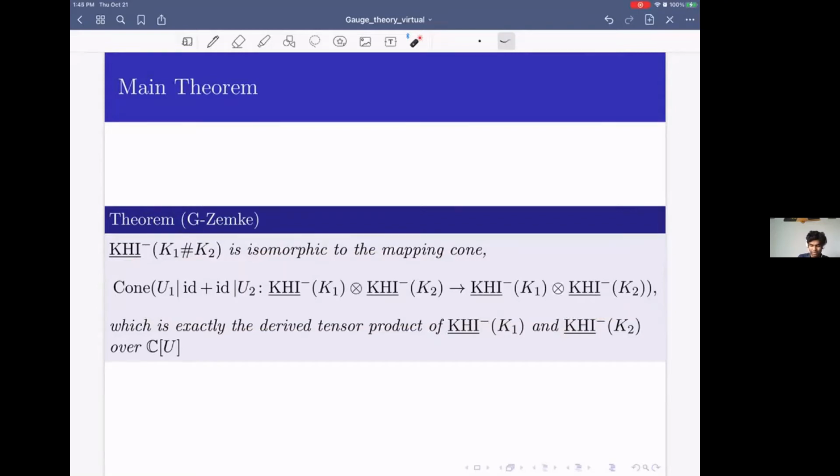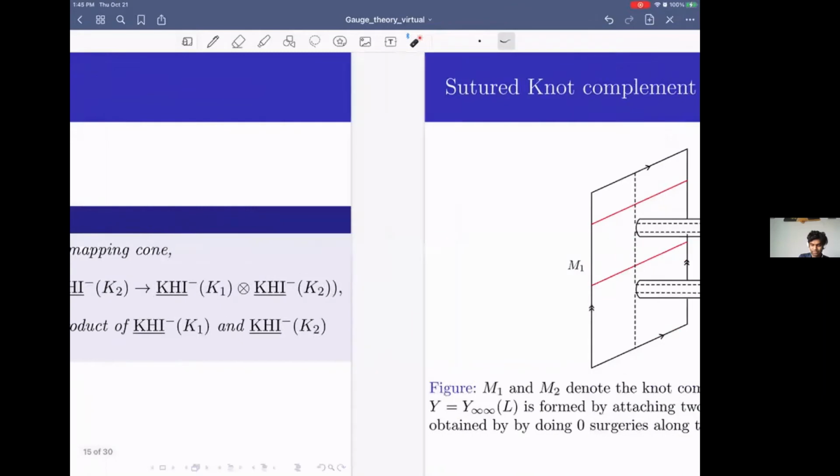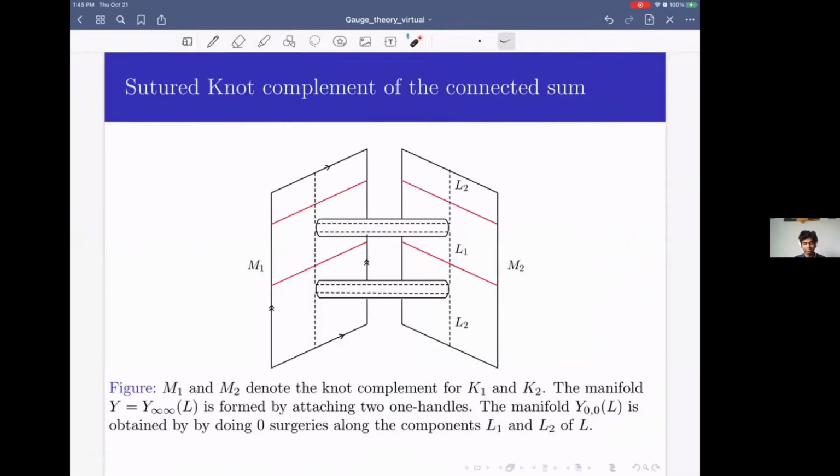Although this statement sounds algebraic, at the heart of this theorem there is a topological lemma that we proved. I will discuss how we prove the connected sum formula from this point. The main point is that this minus version is defined as a limit, and every time we want to do something with a limit, we pick some element that's close enough to the limit.